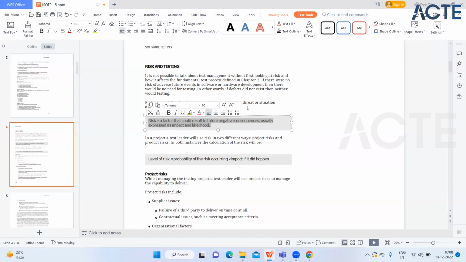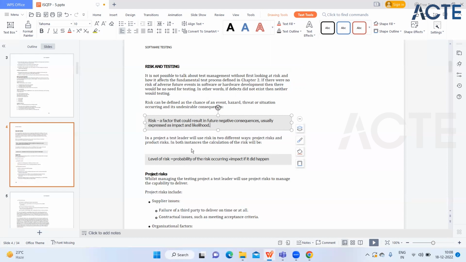So risk can be a hazard, threat, situation, or event as well, and its undesirable consequences. Or you will get this kind of option: risk is a factor that could result in future negative consequences.